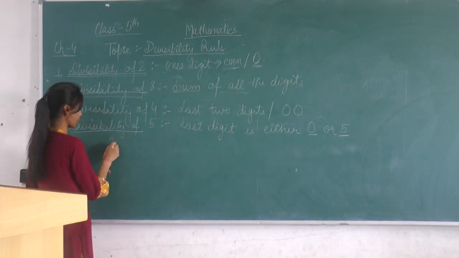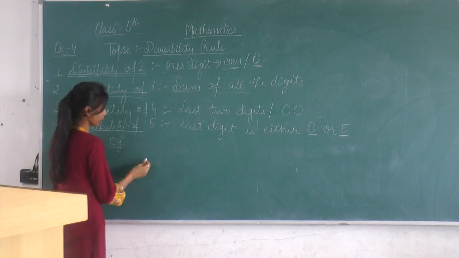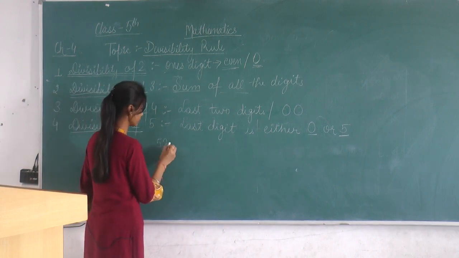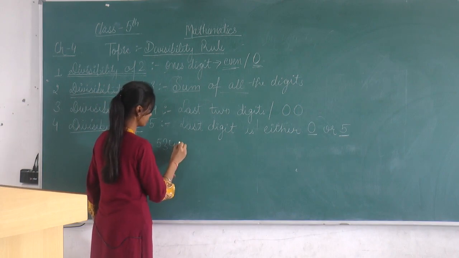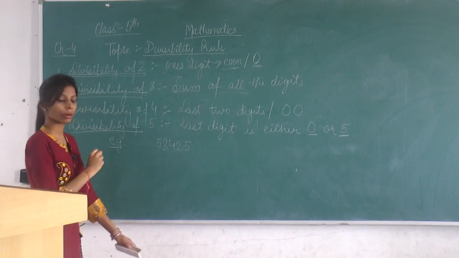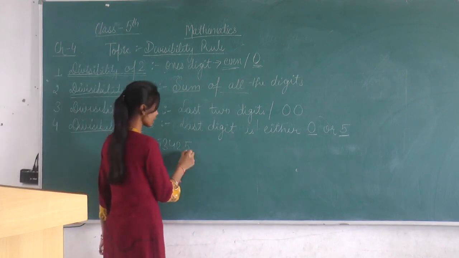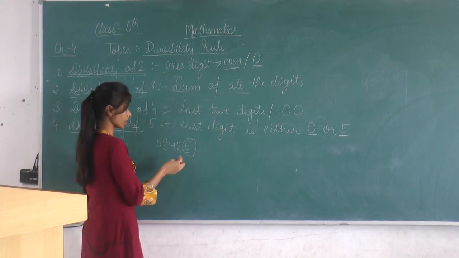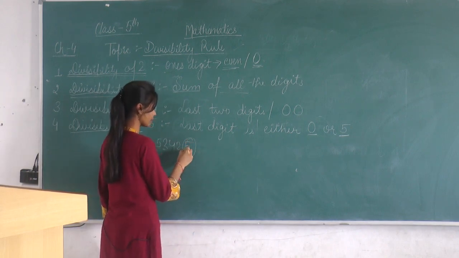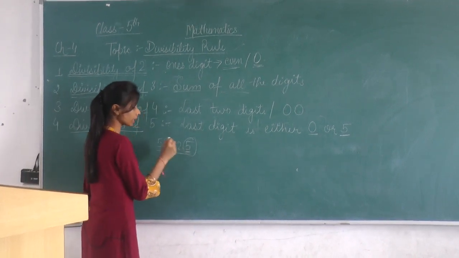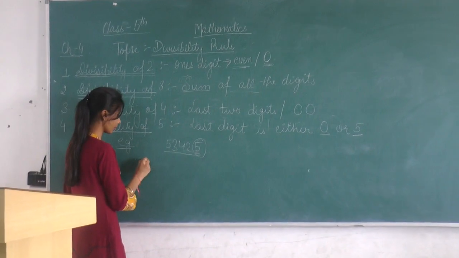Let's take an example. Suppose I am taking this number. Here the last digit is 5. Last digit, you can also say one digit. The last digit is 5. Now I can say easily this whole number is divisible by 5.